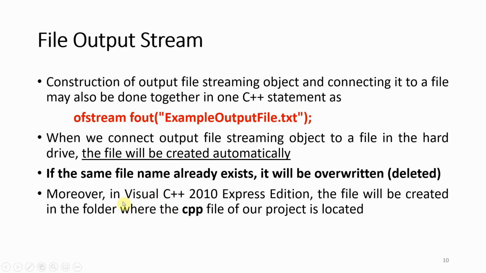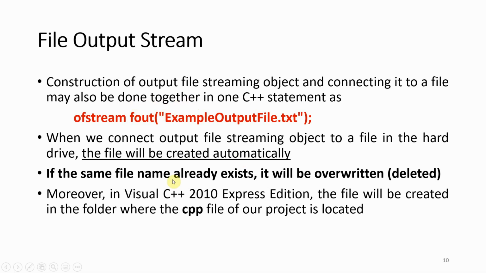So this is what I just explained in Visual C++. The file will be created in the folder where the CPP file of our project is located. If you want to create your file in a different folder, you have to provide the path of the file here before the name of the file. We're going to see this later, but I'm going to mention it as we are here.